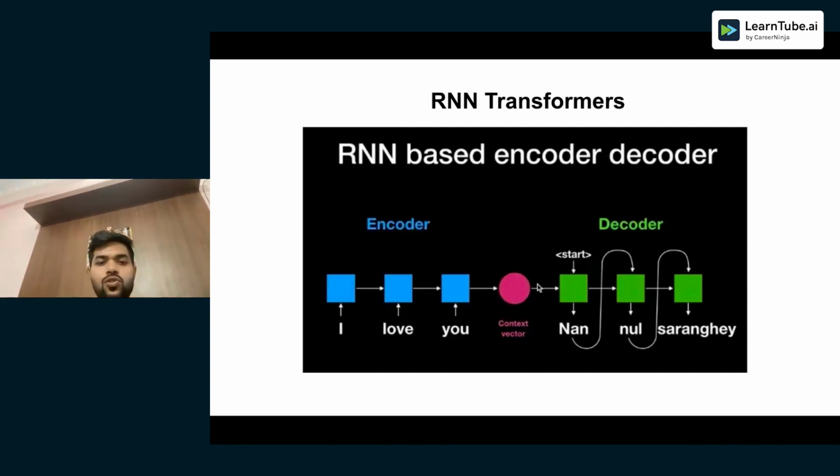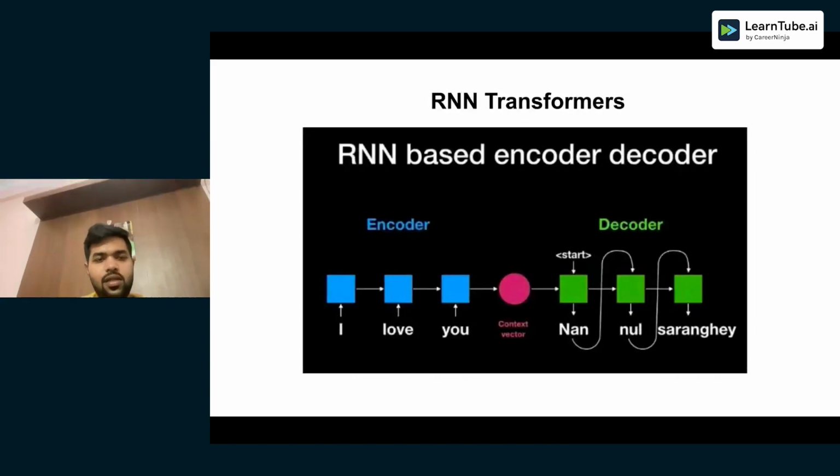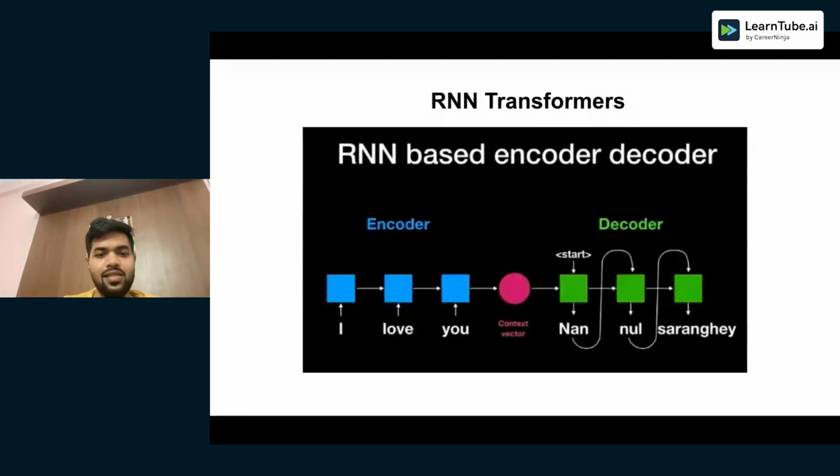So transformers are mostly used in machine translation, language-to-language models, sequence-to-sequence models. You have a sequence and you want to convert it into another sequence. That is where transformers are used, and transformers have made the biggest breakthrough in the world of RNN or AI.